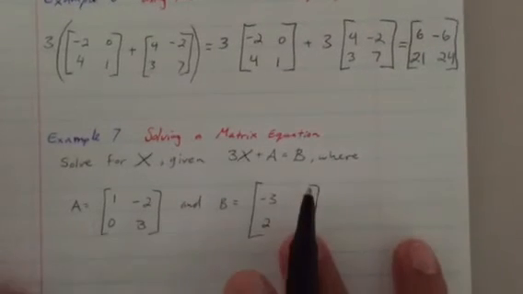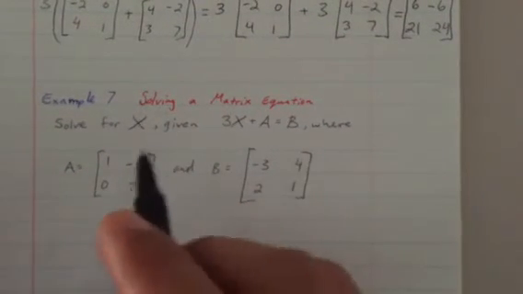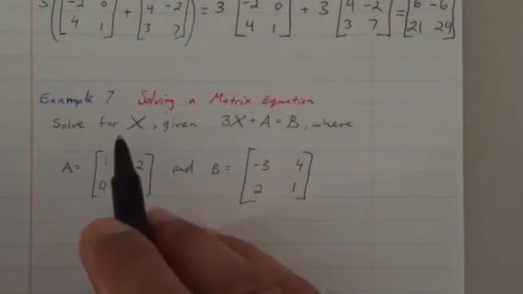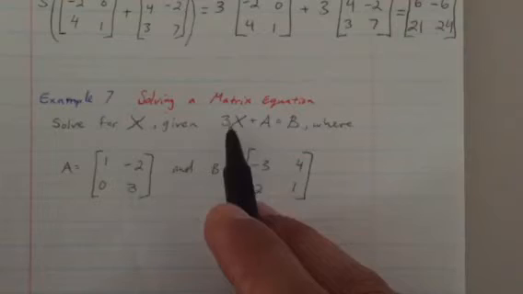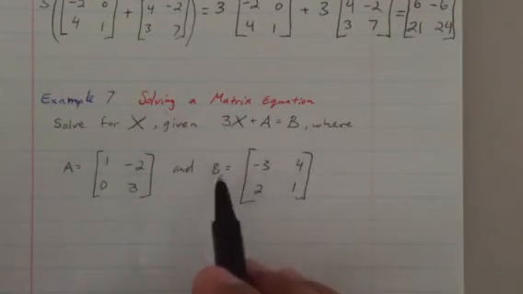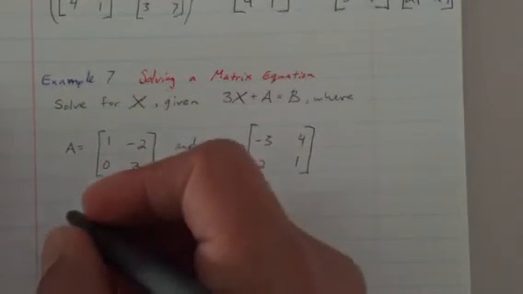All right, example 7. This will be our last example. In example 7, it says solving a matrix equation. If it says solve for x, given 3 times x plus A equals B, where A and B are given, then we're going to use the same idea as what we use in algebra.